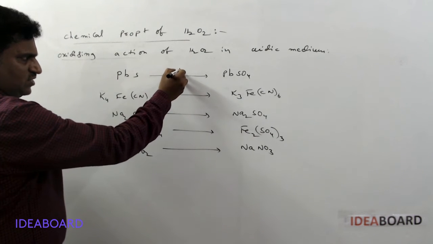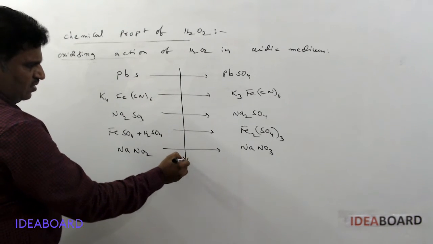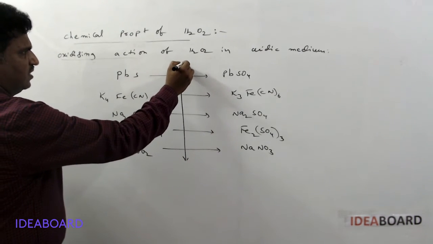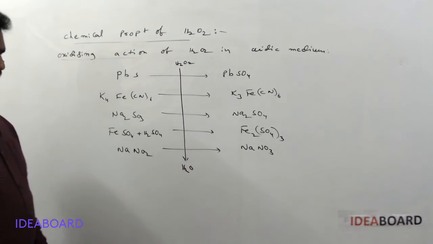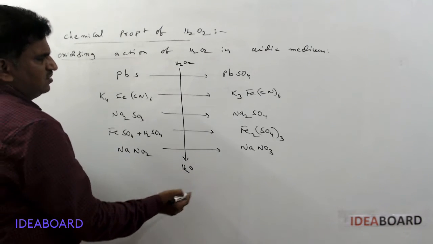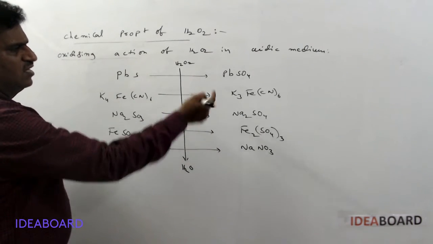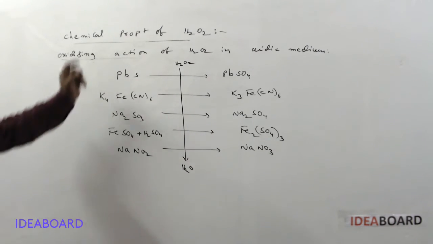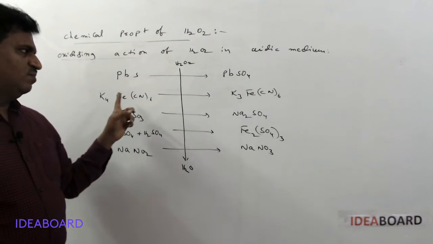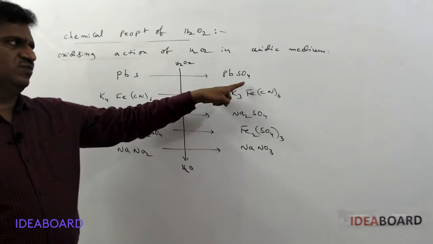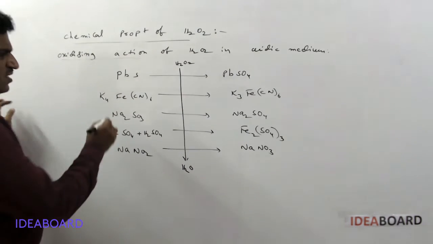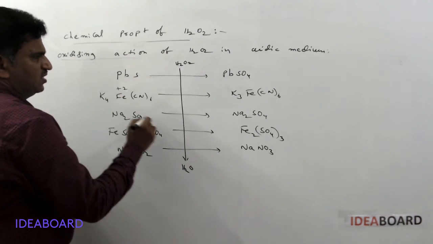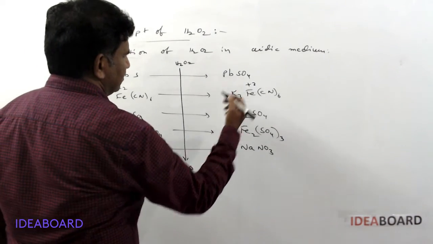In all these reactions, hydrogen peroxide is converted to H2O and nascent oxygen is released. That nascent oxygen is used in the conversion of these compounds. Lead sulfide is oxidized to lead sulfate. In potassium ferrocyanide, iron is plus 2, and here iron is plus 3.